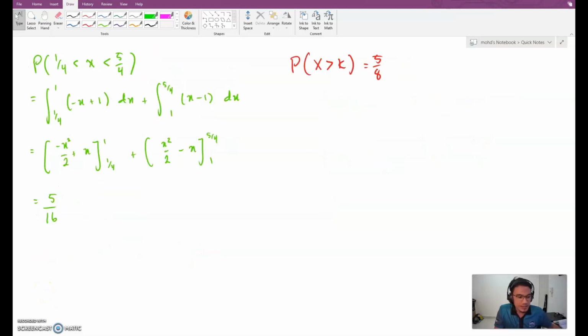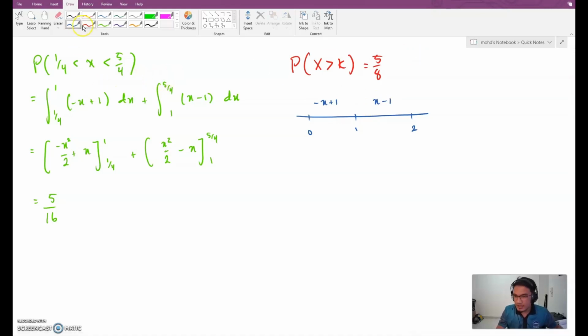And the last question is to find the value of k if the probability of x bigger than k is equal to 5 over 8. Our function covers the region between 0 until 1 until 2. From 0 to 1 the function is negative x plus 1, and from 1 to 2 it is x minus 1.